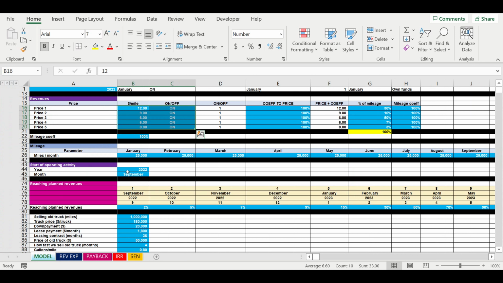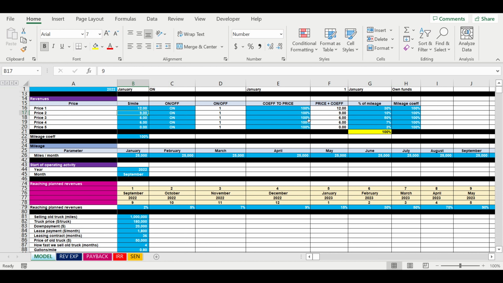What we're starting with: first of all, we assume that for the truck that we bought, we have different pricing for different mileage.